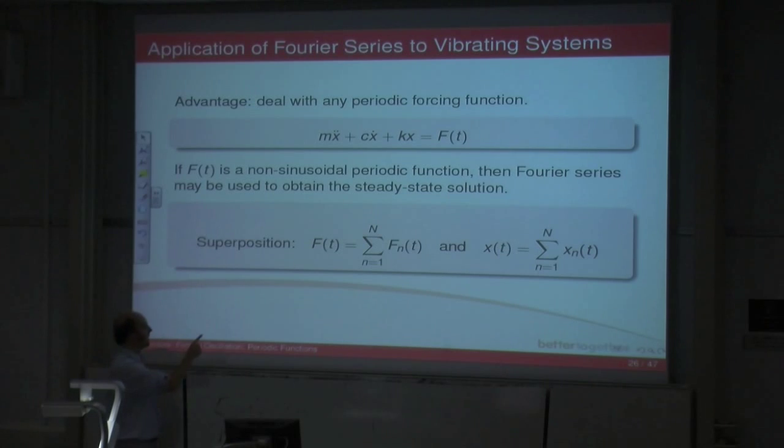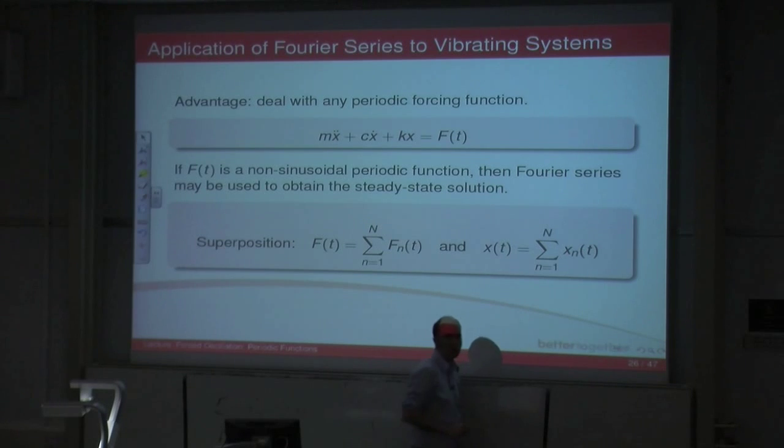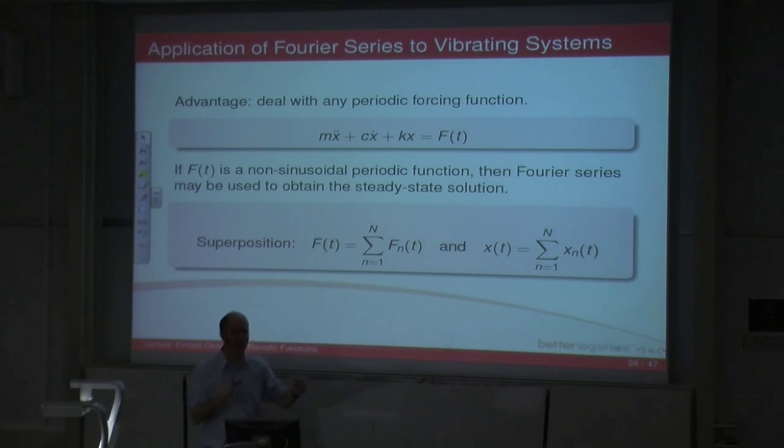And it's worth remembering that you can superpose solutions on top of each other to get the complete solution. So here, we know that f of t is going to be a sum, okay, of different forces at the different harmonics in a sense, f_n of t, as n goes from 1 to N, or infinity. If you've got different forces, there's going to be a response for each of those forces, which is going to be x_n. So taking the example from last week, if you remember we had an offset sinusoid.